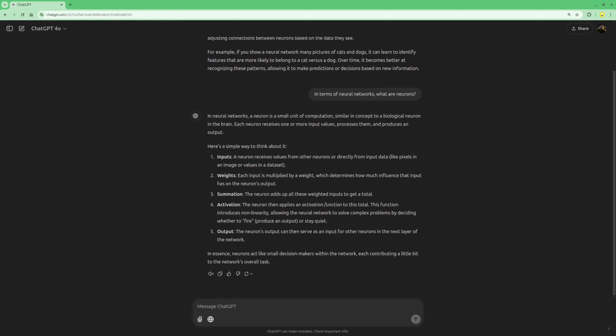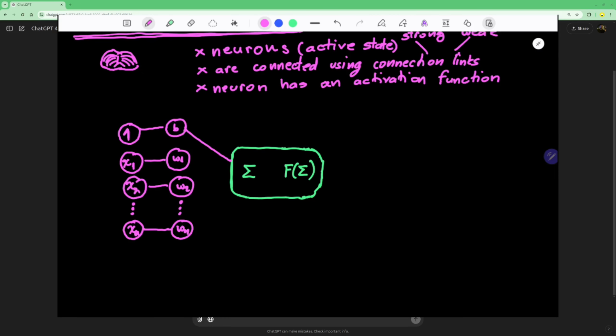Now this is a neuron. So what do we have inside it? We have the activation and the activation function. So all of these guys are coming here. I was drawing the whole time, and so all of these guys are coming here.